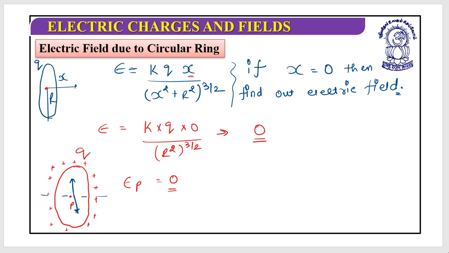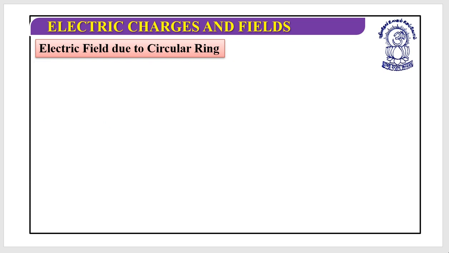If you consider the electric field due to the right hand side charge elements, it would be in this direction. And if you consider the electric field due to the left hand side charge element, it would be on the right hand side. All would have the same magnitude, so the electric field at point P would be 0. Will you be able to solve this kind of thing? Are you sure? Okay.